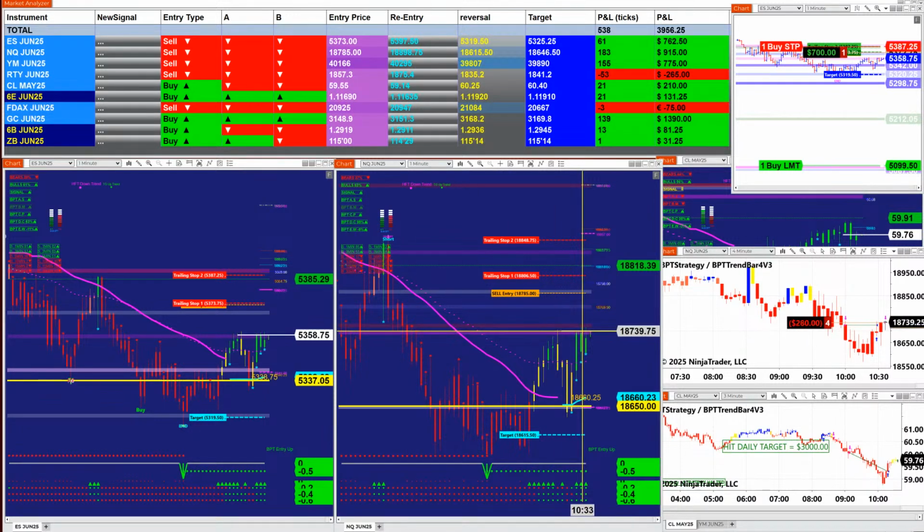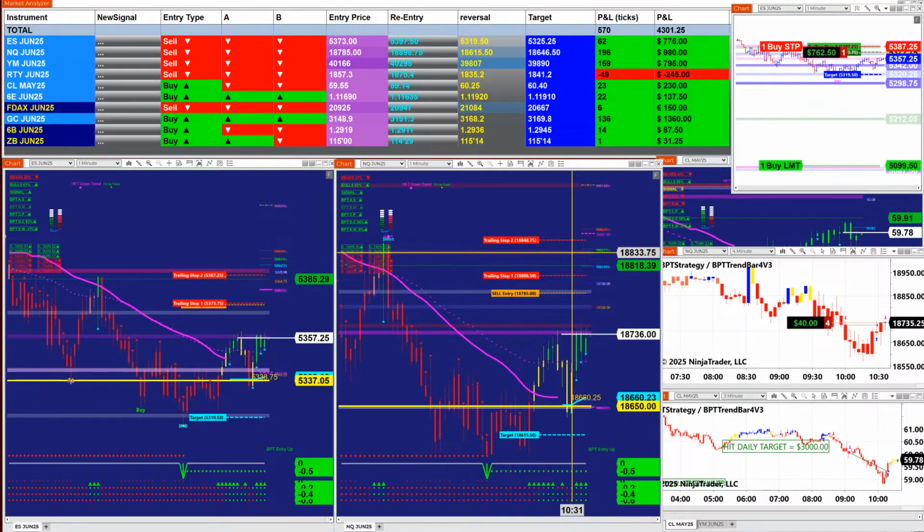This area from 18,739 all the way to 18,833, you should not touch it. Not auto trade, not manual trade. You should leave it alone, because we don't know which line is going to hold.